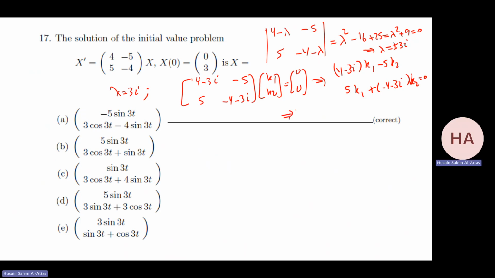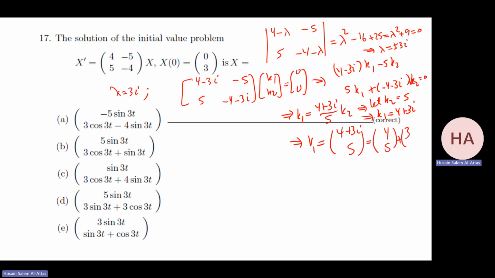So I have k1 is 4 plus 3i over 5 k2. So let k2 equal 5. K1 will be 4 plus 3i. So V1 would be what? 4 plus 3i, 5. And that is 4, 5, plus 3, 0, i.